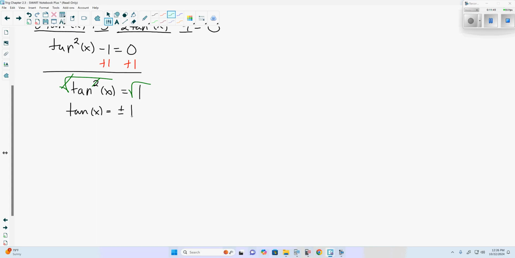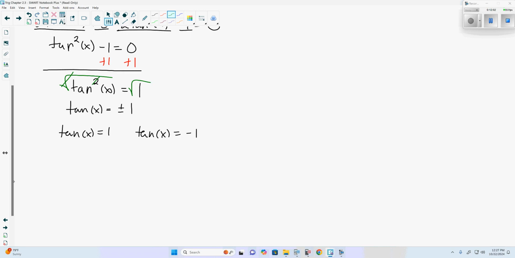Questions on how we got to this point here? Now, it's really telling us two things. It's telling us that our tangent of x is equal to 1, and that tangent of x is equal to negative 1. We have two different cases.